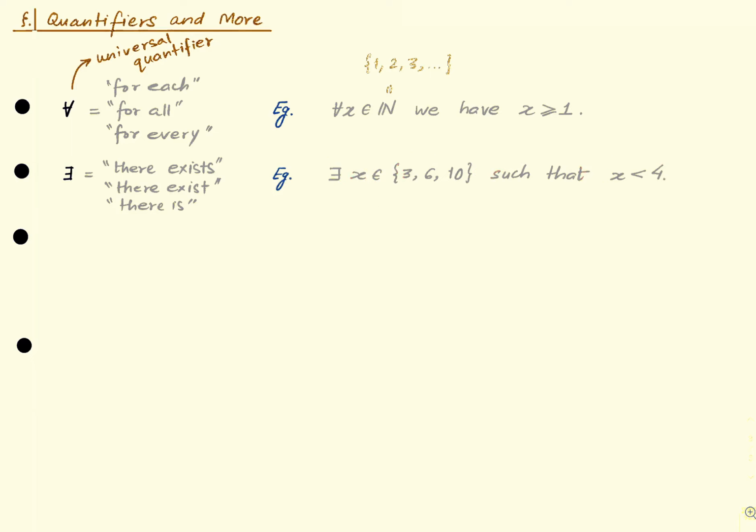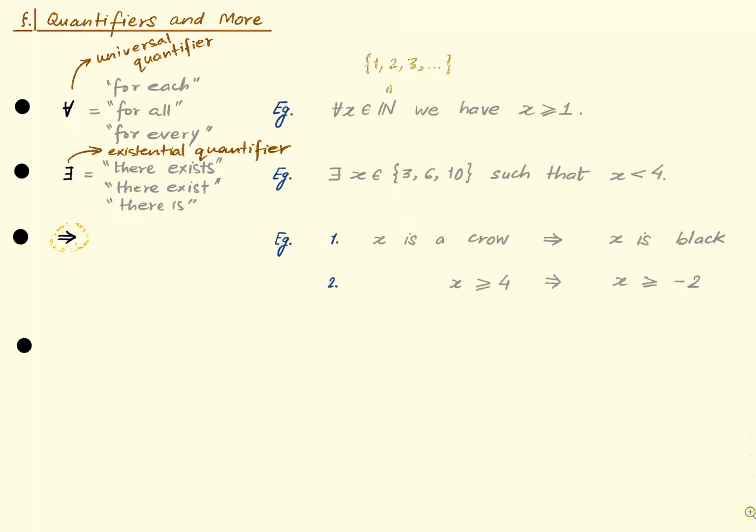This is a true statement because 3 is in the set, which is less than 4. So this is just a shorthand again. This is called the existential quantifier. There is no space, but I'll manage. Existential quantifier, just a fancy name again. Okay.